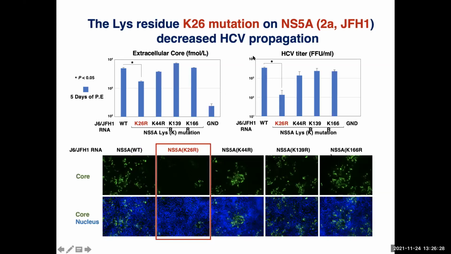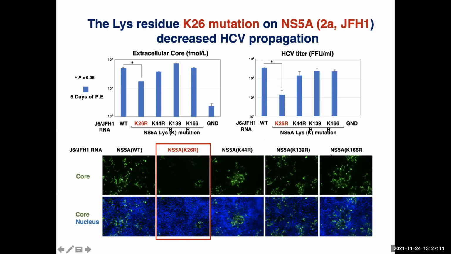Then we look at the HCV propagation, and we stain the HCV core protein in the mutant HCV. When we introduce the mutation at lysine 26 of NS5A, this virus replication level was decreased significantly. And as you can see here, the HCV titer was also decreased to 1/10.